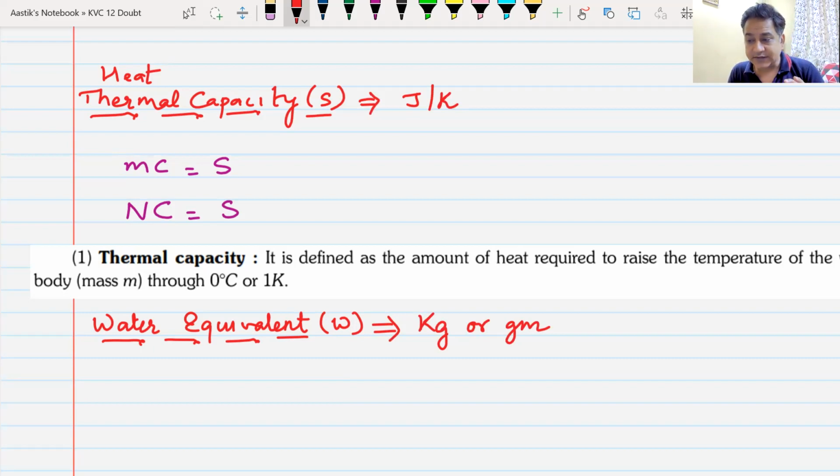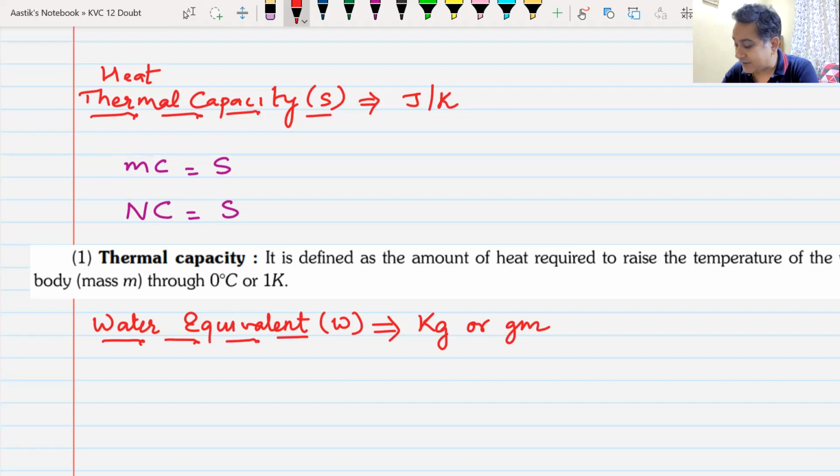Water equivalent is basically equating something with water. Whatever heat is required to raise the temperature of this body, if the same heat is given to water, how much will the temperature of a particular mass of water rise?